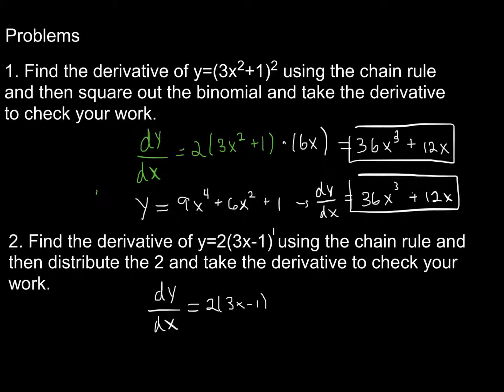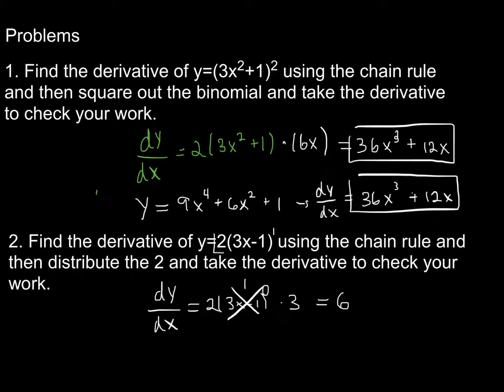But notice I have to decrease the exponent from 1 to 0, and then multiply by the derivative of the inside, which is the derivative of 3x minus 1, which is just 3. Now notice anything to the 0 is just going to be 1, so I have 2 times 1 times 3, which is going to be 6.